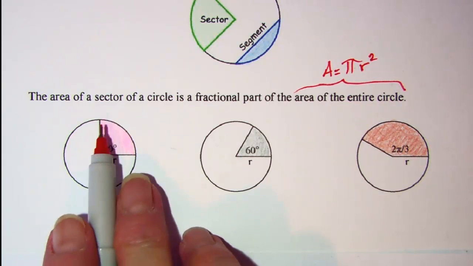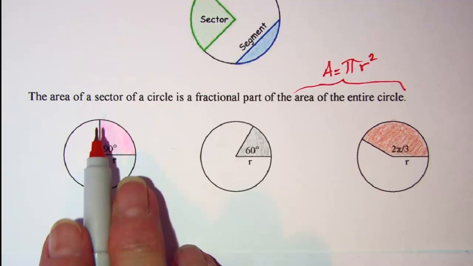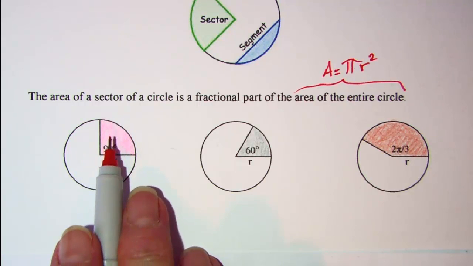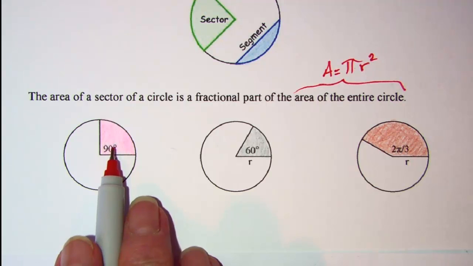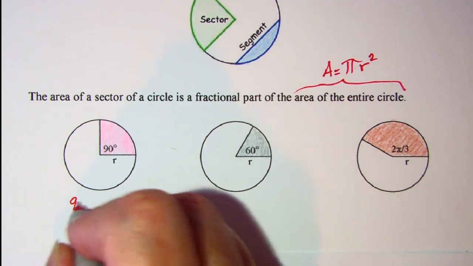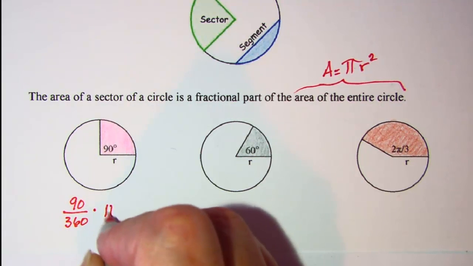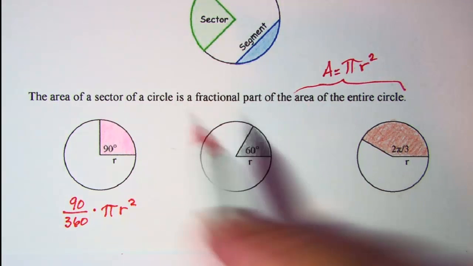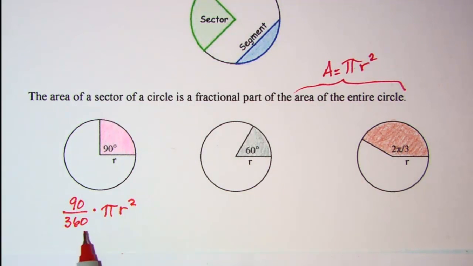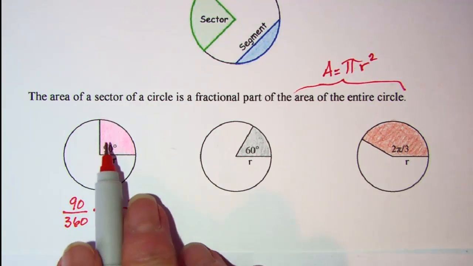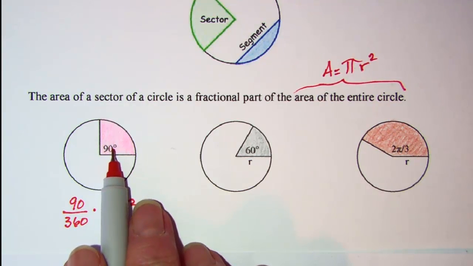So this sector, we can actually see that it's 1/4 of the circle, but we could, if we wanted to, just write 90/360ths of pi r squared. And we know that 90/360 will simplify to 1/4, but that's not necessary. Just remember that if you're giving your sector in degrees, you'll put that degree measure over 360.